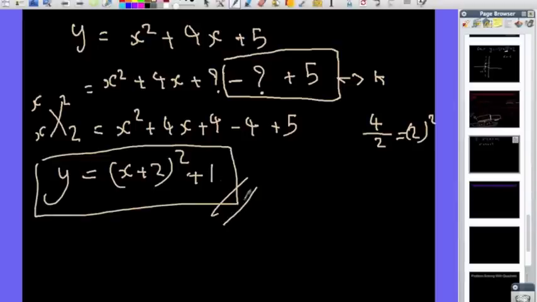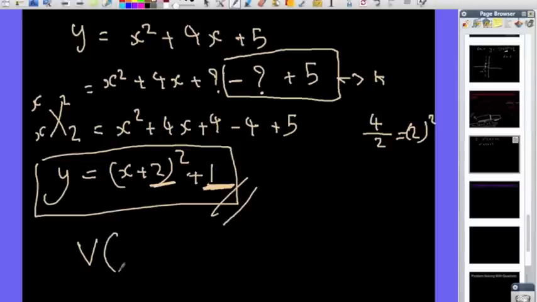It's not that hard. And then if they ask you to find the y-intercept on vertex form, you know how to do it, right? This is the y-intercept, right? And the vertex points, sorry, the y-intercept is not this. The vertex points are this.